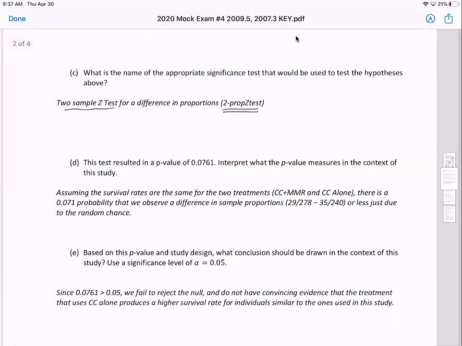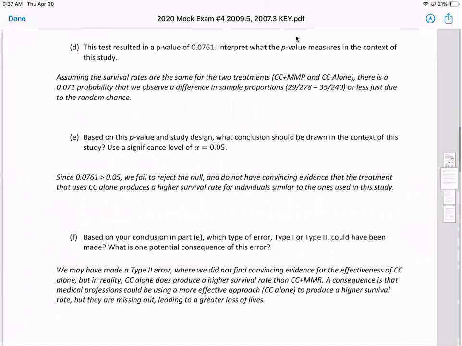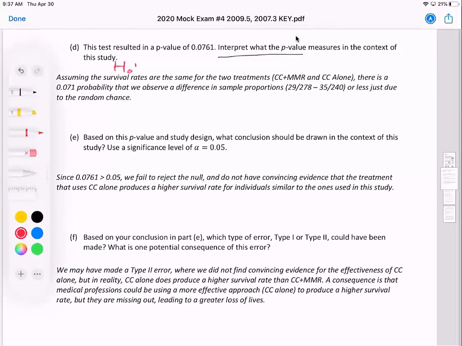Question D. The test resulted in a p-value of 0.0761. Interpret the p-value in context. On the previous video from mock exam 3 FRQ number 2, I think we reviewed that, but we'll review it again. So we have, assuming the survival rates are the same, so this is assuming the null to be true.